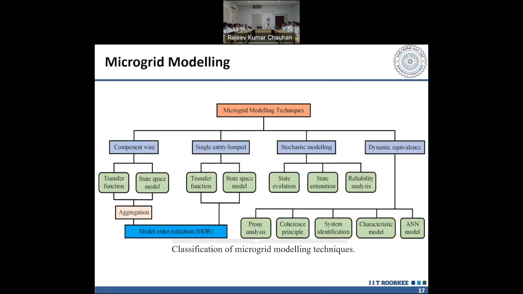The representation of a physical system in mathematical equation, either a normal algebraic equation or a differential equation. If it is a differential equation, then we call it the dynamical model. If it is an algebraic equation, we call it the static model.